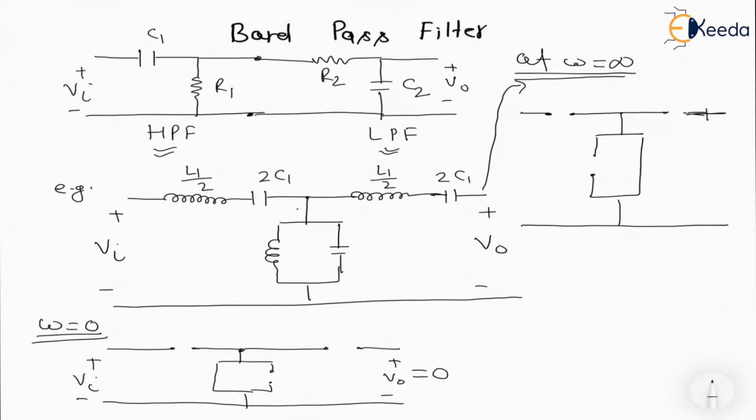So this is how we can draw the circuit at omega is equal to infinity. From this circuit we can also get that V naught will be equal to 0 here. So at omega is equal to 0, we are getting output is equal to 0, and at omega is equal to infinity, we are getting output is equal to 0 here.